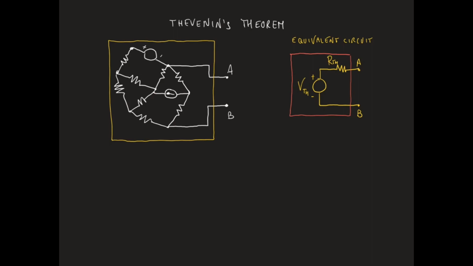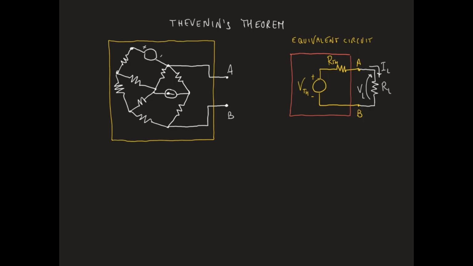For example, we can attach a load RL between nodes A and B of the equivalent circuit, and we will detect a voltage VL across the resistor and a current IL flowing through the resistor.